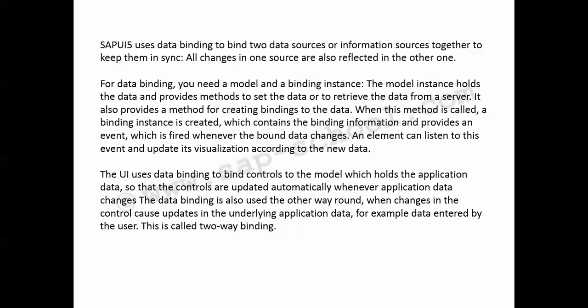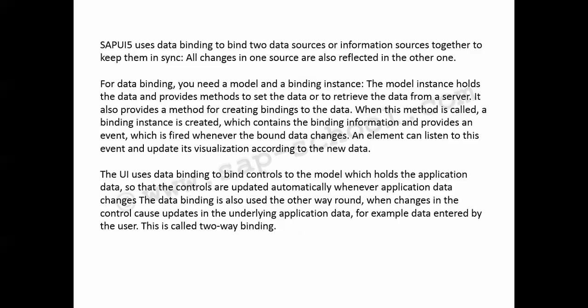When this method is called, a binding instance is created, which contains the binding information and provides an event which is fired whenever the bound data changes. A control can listen to this event and update its visualization according to the new data.